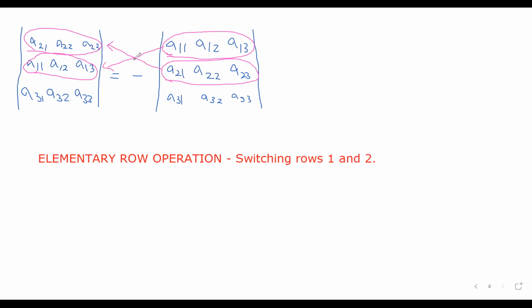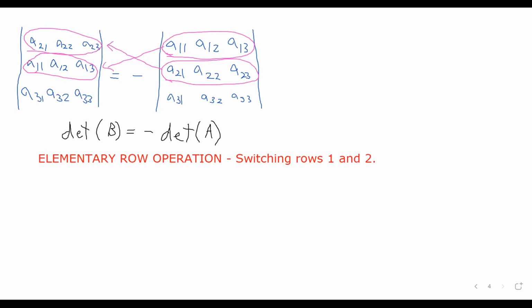So this is an example of how the determinant of a matrix B, which is the matrix after the elementary row operation of switching rows 1 and 2, is equal to the negative of the determinant of A, which is the original matrix before you switched rows 1 and 2. Okay, so the determinant of B is equal to negative determinant of A.